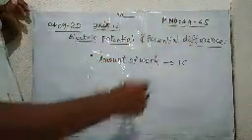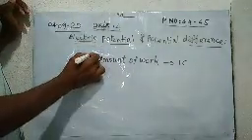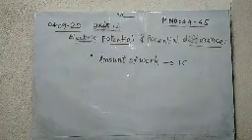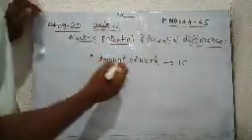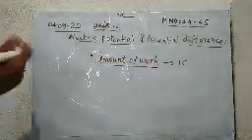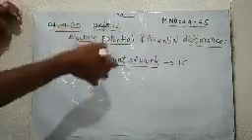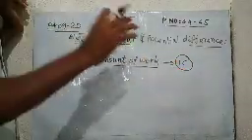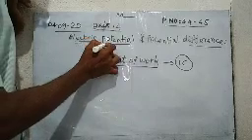That means in order to move 1 coulomb charge from infinity to this point against the electrostatic force of repulsion, we need to do a particular amount of energy. That particular amount of energy required to move 1 coulomb charge from infinity to this point against the force of repulsion is defined as electric potential.